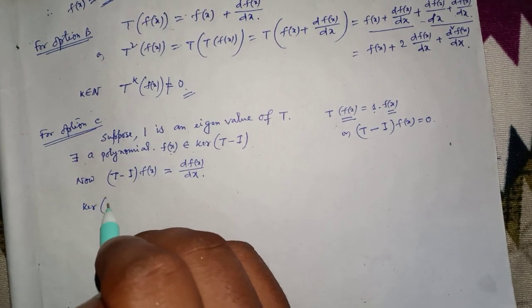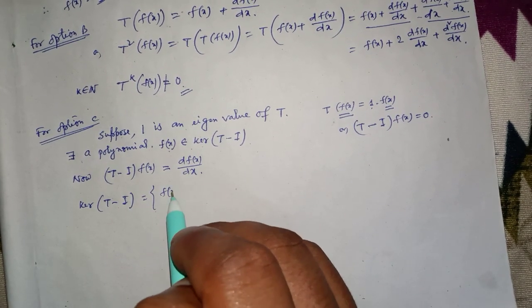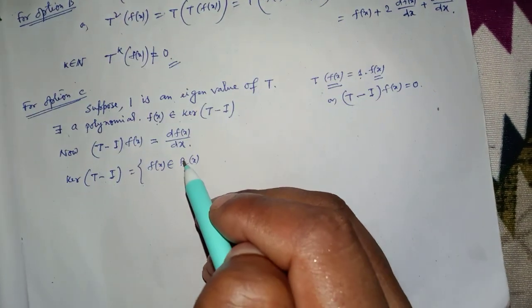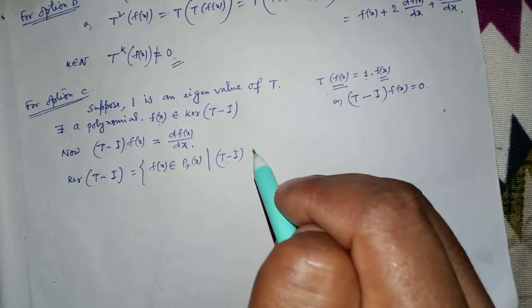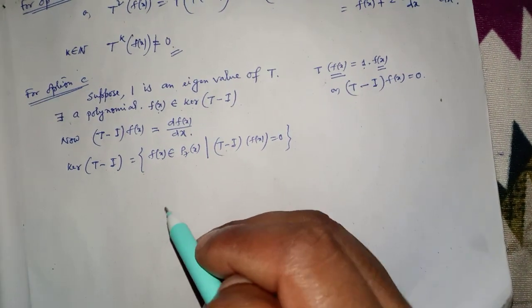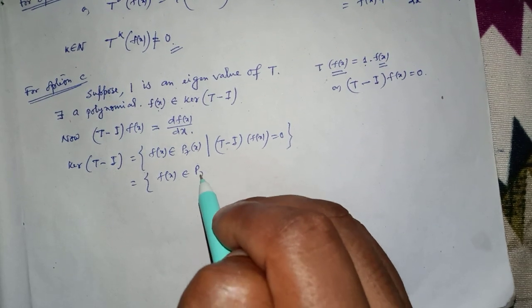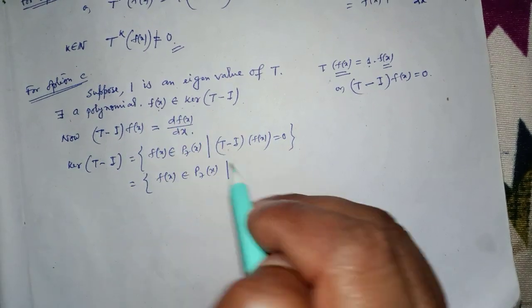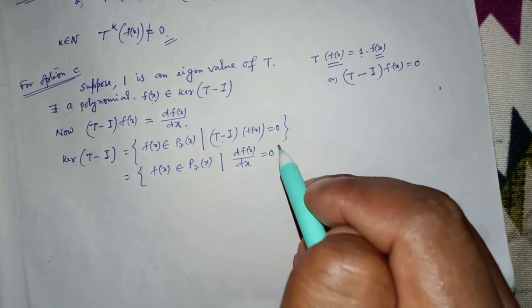Kernel of T − I is equal to {f(x) belongs to P7(x) such that (T − I) of f(x) is equal to 0}, which means df(x)/dx is equal to 0.